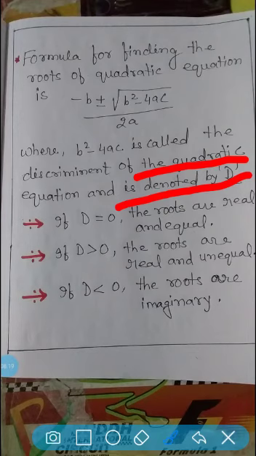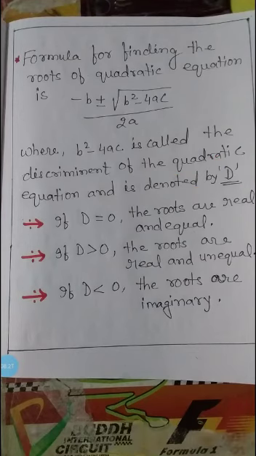Here I explained how to calculate the solution of a quadratic equation by the completing the square method, and in the next class we will solve some problems related to it. Again I am repeating, there are so many methods.